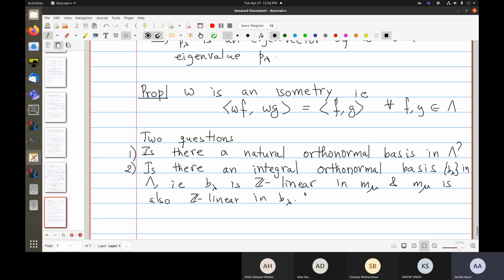Okay, so that's the question. It turns out that there's a positive answer to both by the same class of symmetric functions, which I'll talk about next time.